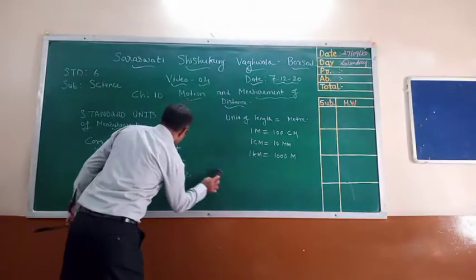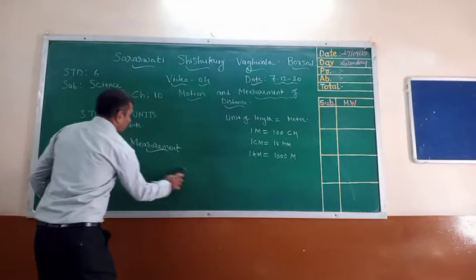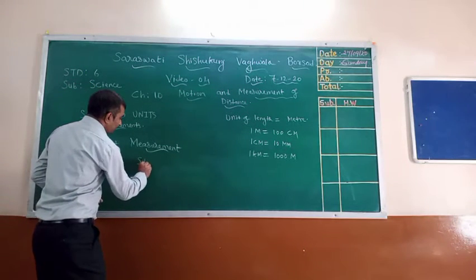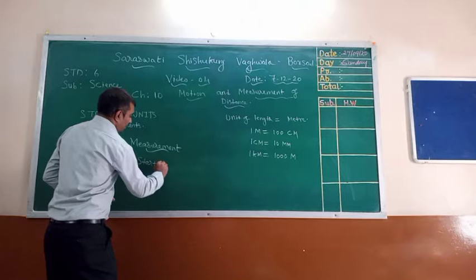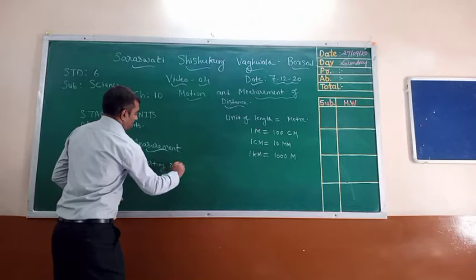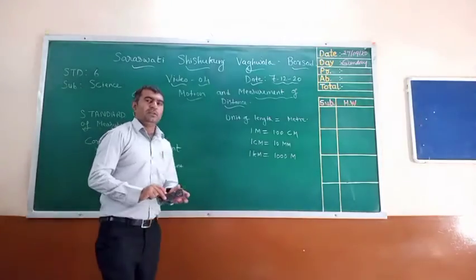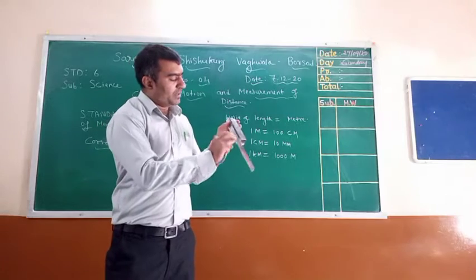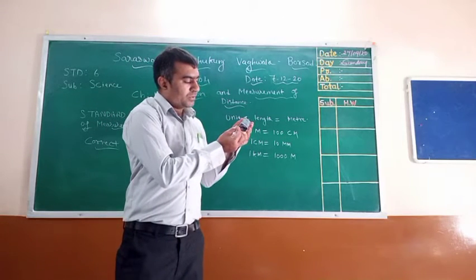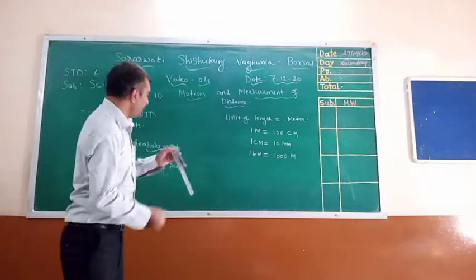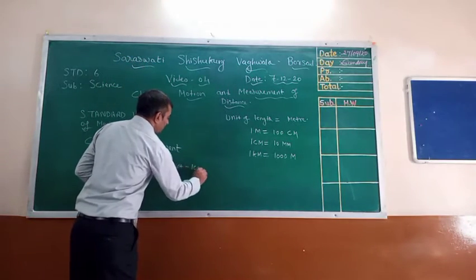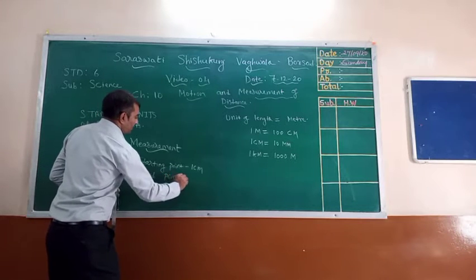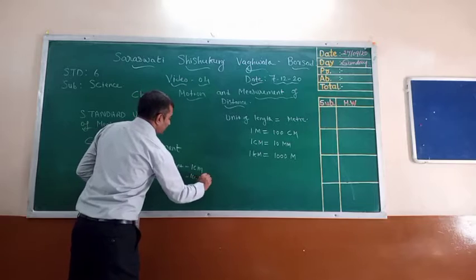If you take another example, suppose the starting point is 1 centimeter on the scale. The first unit is not there, so we'll start from 1 and it ends at 14.5. Starting point is 1 centimeter and end point is 14.5 centimeter.